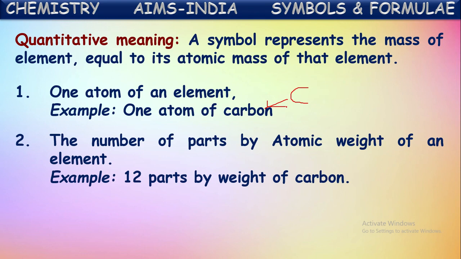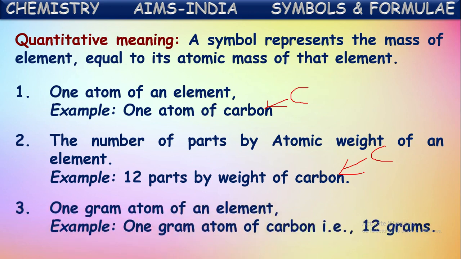C is 12 parts by weight of carbon. A symbol also represents 1 gram atom of that element. Writing just the symbol C represents 1 gram atom of carbon, that is, 12 grams of carbon. This is the quantitative meaning from the symbol.